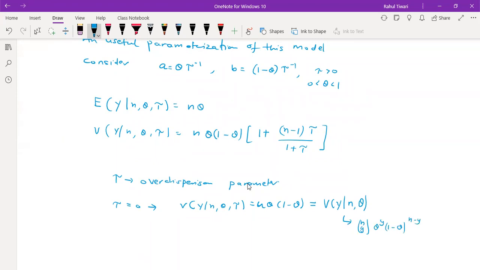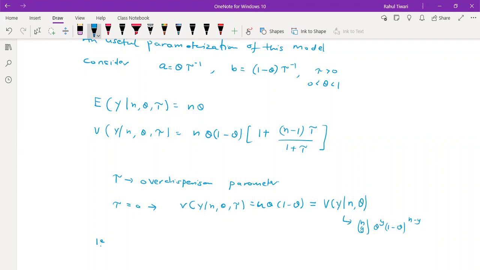So if this tau becomes 0, the variance of your beta binomial distribution is the same as the variance of your binomial distribution. So there will be no change in the distributions of your binomial. So the variances are the same.